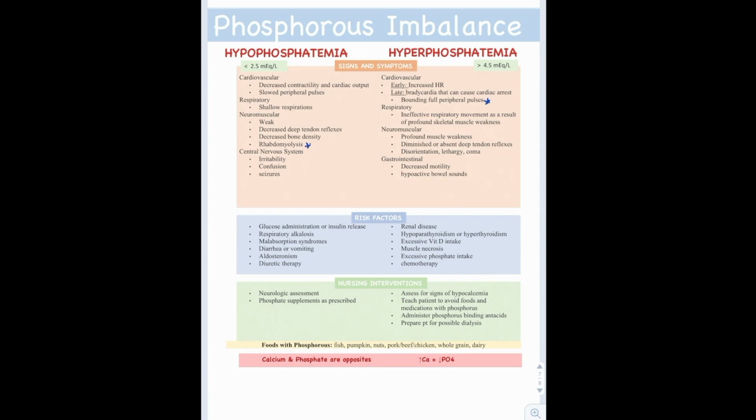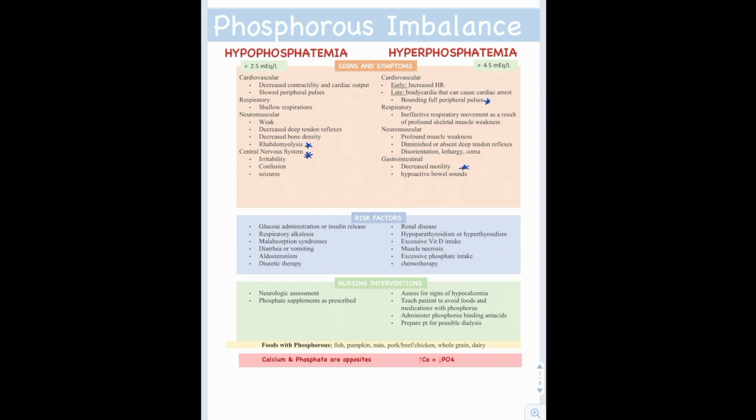Rhabdomyolysis in hypophosphatemia, but they're both kind of showing absent or diminished deep tendon reflexes and weakness, so not much there to remember. But we will see in hypophosphatemia those central nervous system changes like irritability, confusion, and seizures, so that's important to know. And then in hyperphosphatemia, we'll see some gastrointestinal signs of decreased motility and hyperactive bowel sounds.